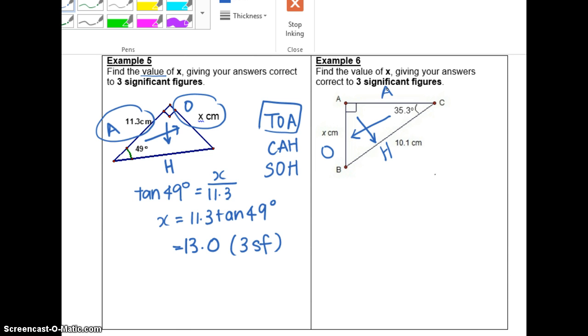If I were to look at the diagram, I know that I have the hypotenuse given to me, and I need to find the opposite. I will choose sine because in sine, I will need opposite over hypotenuse. And I will now write down the equation.